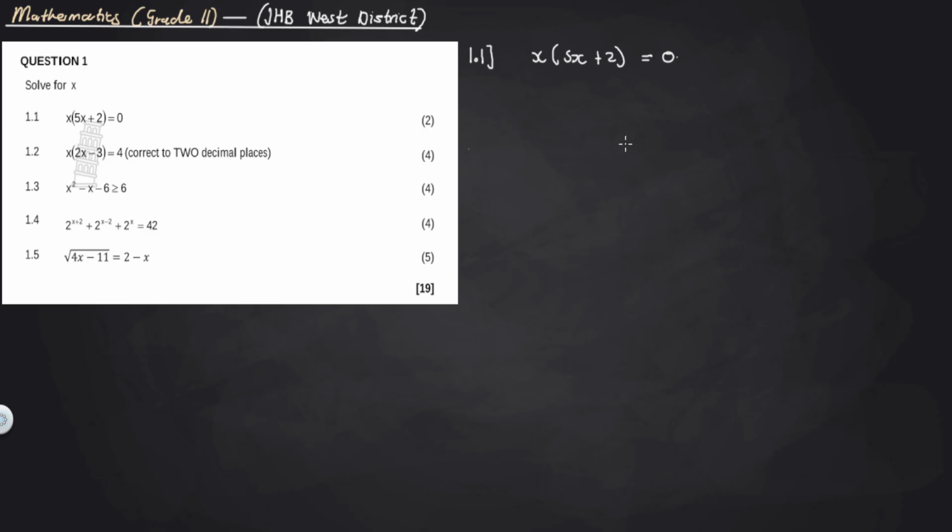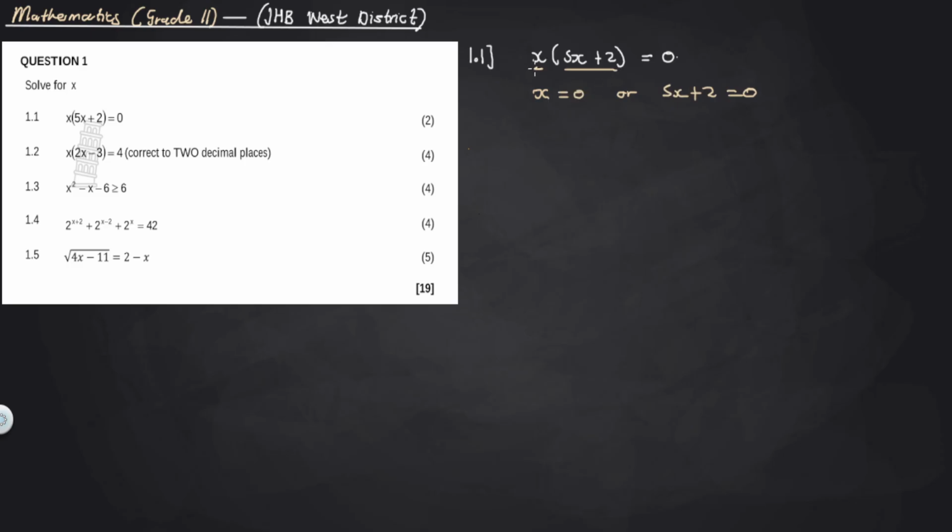The best course of action is to take x and equate it to 0, or 5x plus 2 equal to 0. One of the 2 numbers that are multiplying each other is 0.